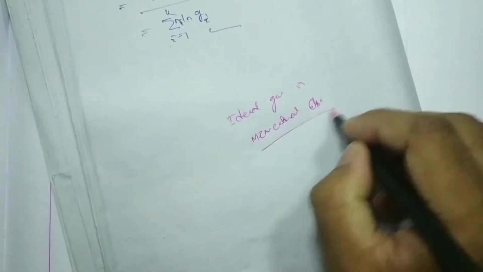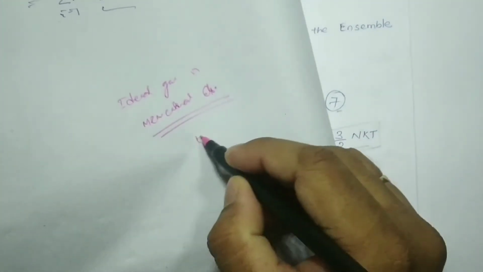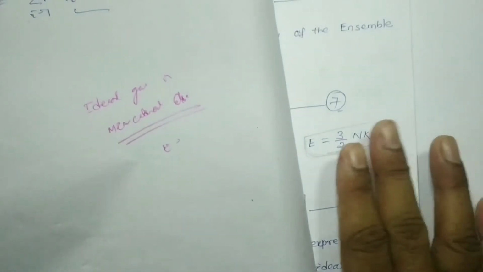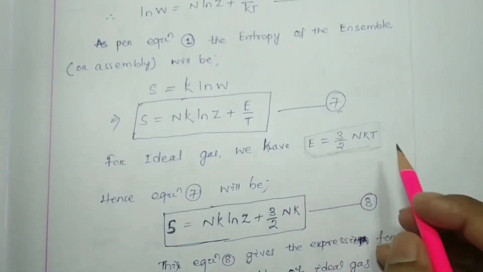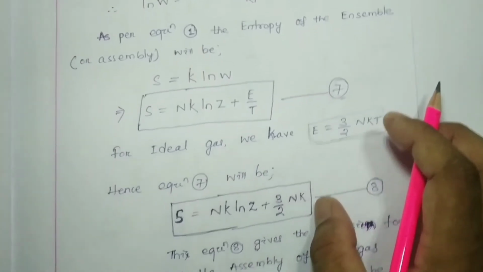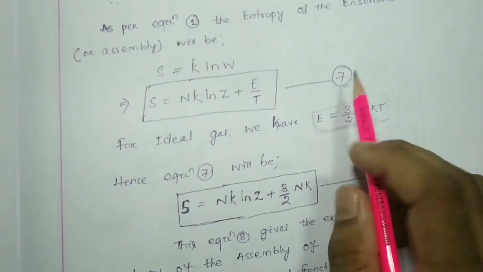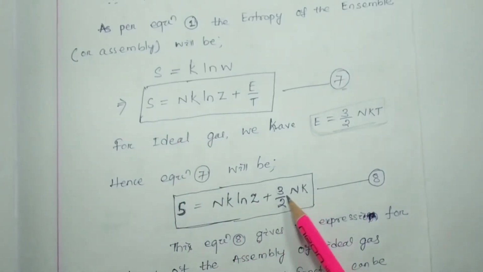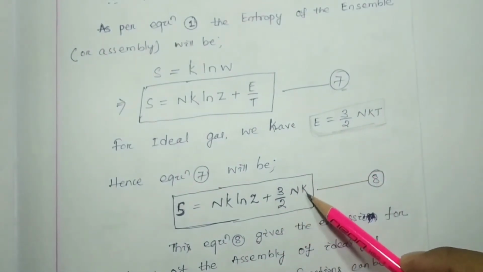But I suggest you just remember this one for now. Later we will derive how E equal to 3 by 2 NkT. So hence from equation number 7 we found N k ln z plus 3 by 2 N k.